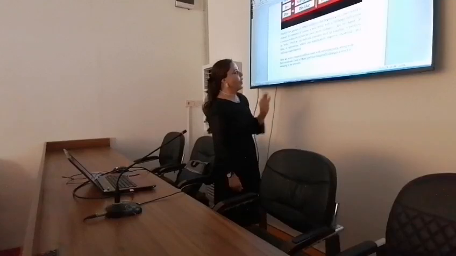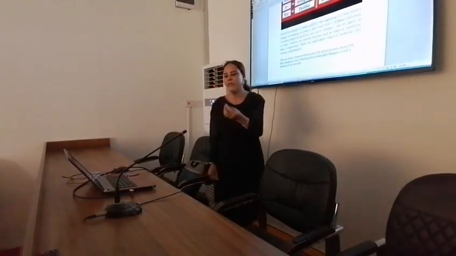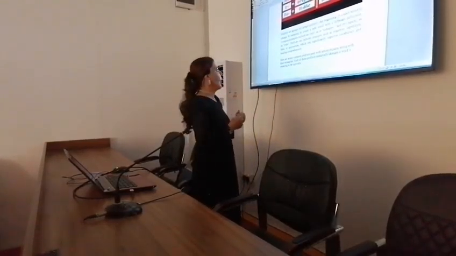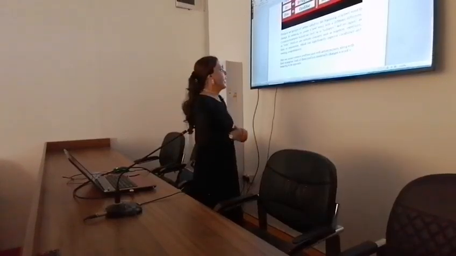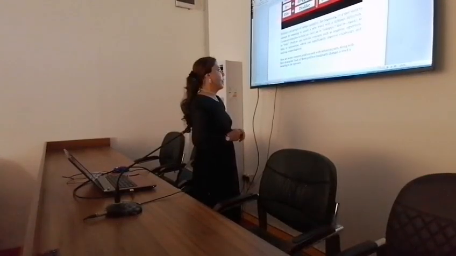Prefixes can indicate concepts such as negation, which means negative; repetition, which repeats something more than once; and opposition, the opposite of the meaning, which can significantly improve vocabulary and reading comprehension.